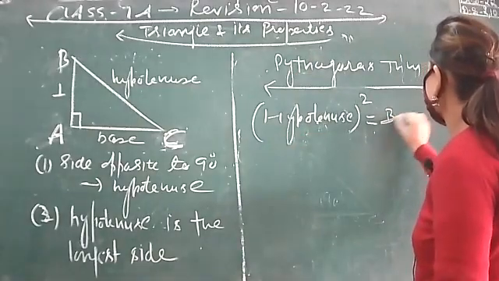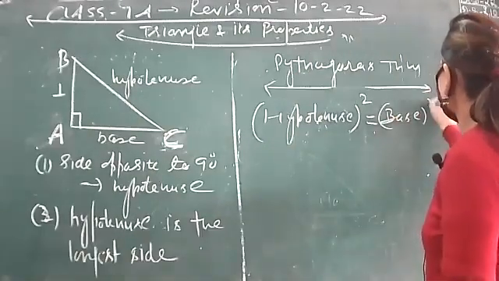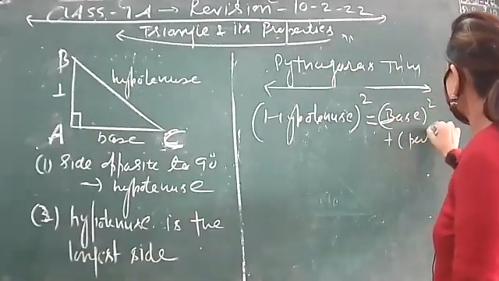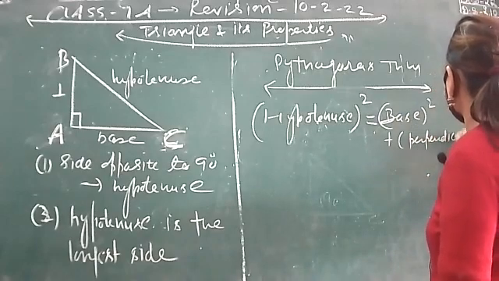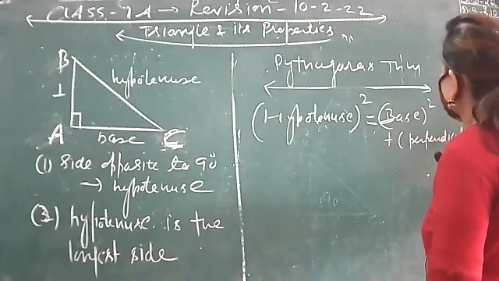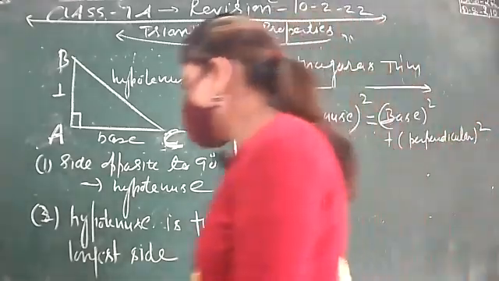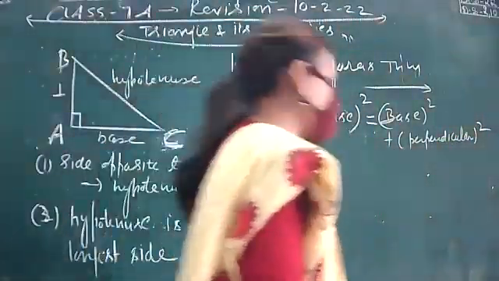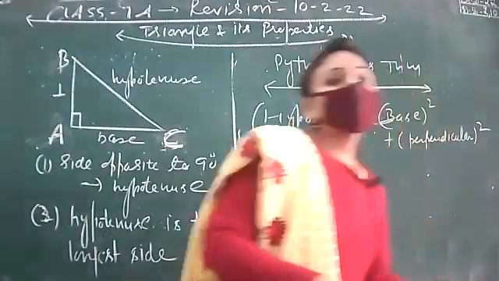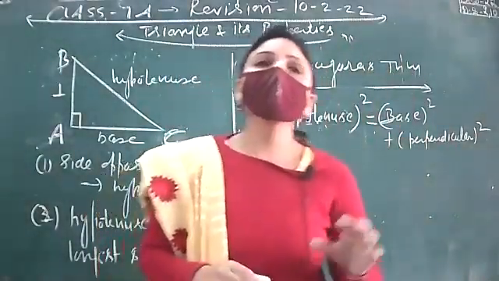That means hypotenuse square is equal to base square plus perpendicular square. And this is called Pythagoras theorem.